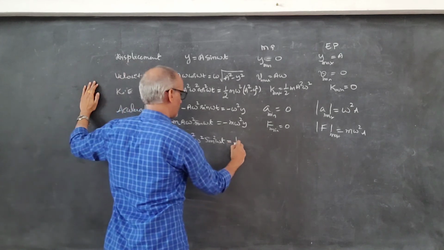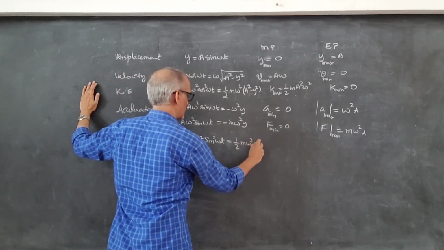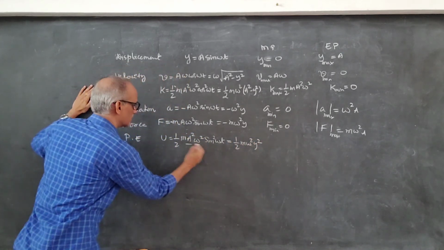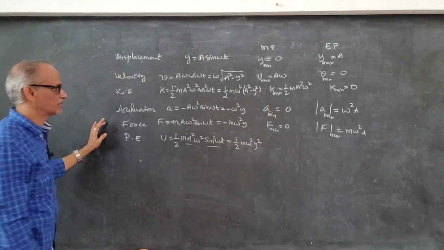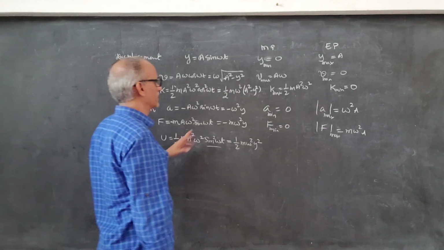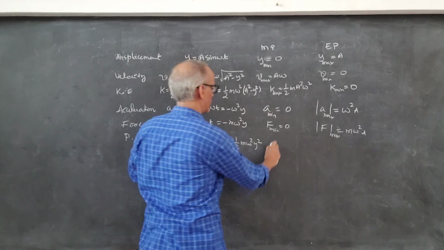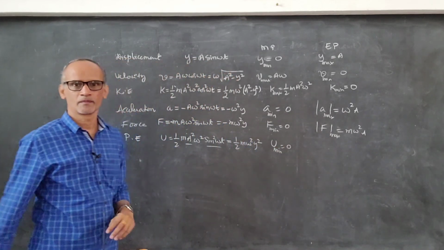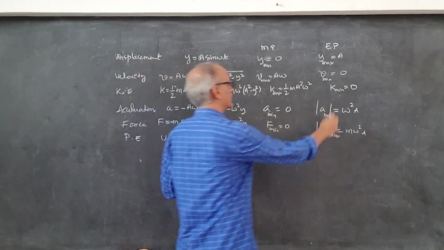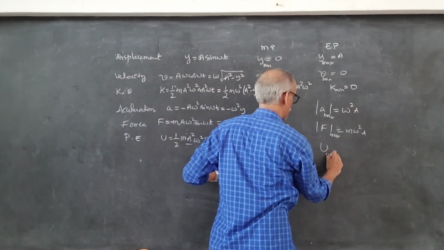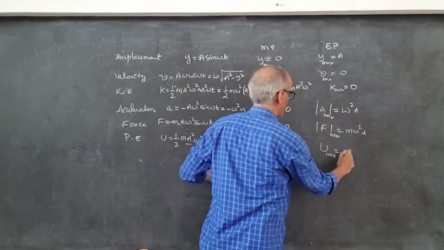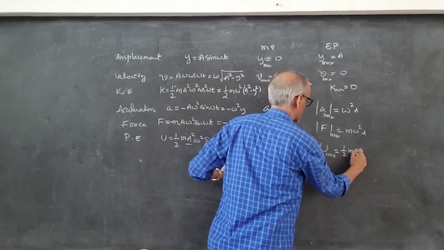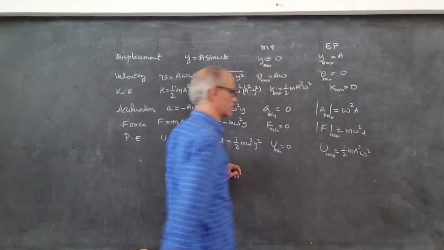That's equal to half m omega square y square. See that a square sin square omega t is nothing but y square. When kinetic energy is maximum, potential energy is minimum, that's 0. And when kinetic energy is minimum, potential energy is maximum, which is half m a square omega square.